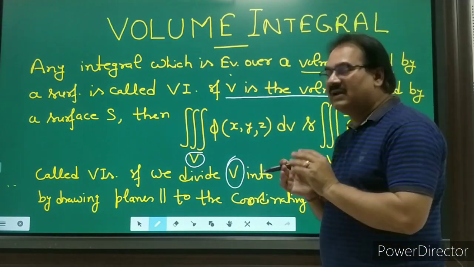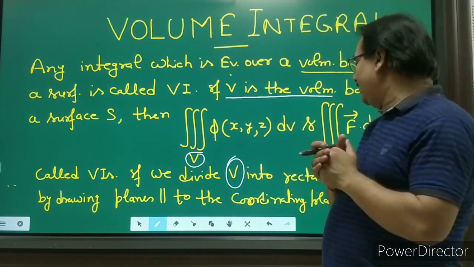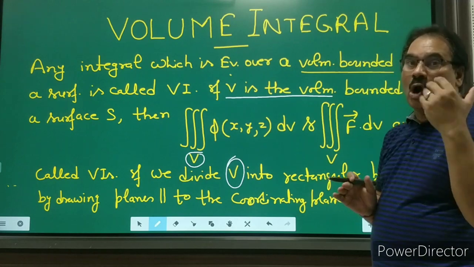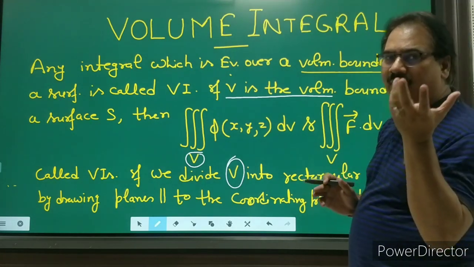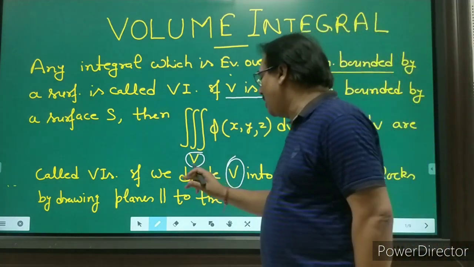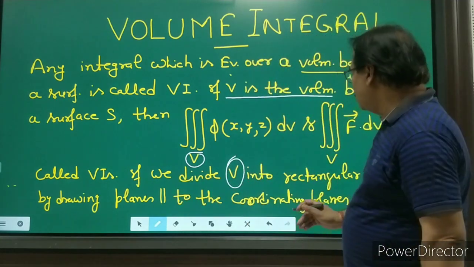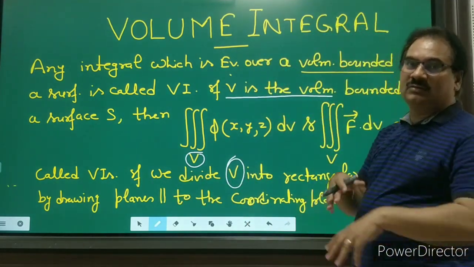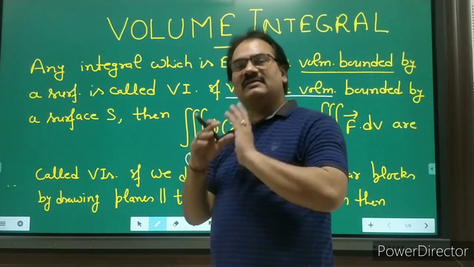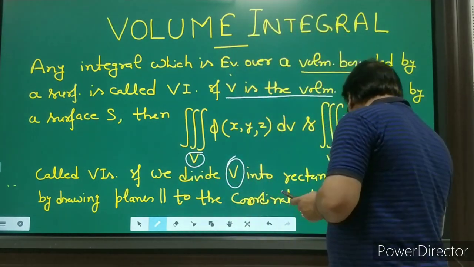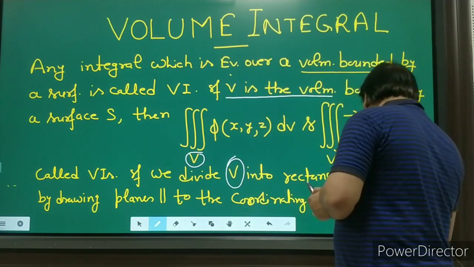In that sense, the volume can be divided into rectangular blocks by drawing planes parallel to the coordinate planes. This usually happens with each and every volume and geometrical figure in mathematics.